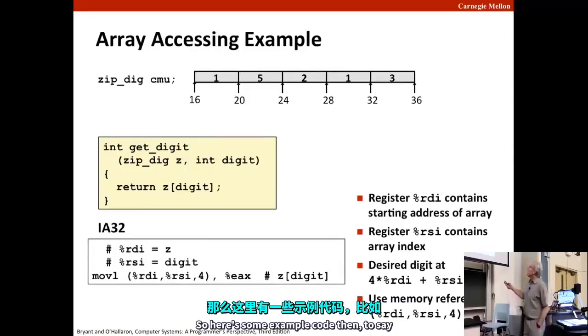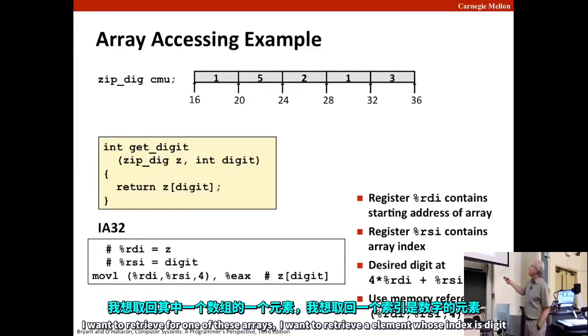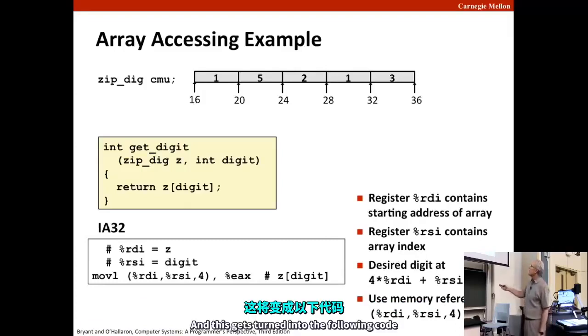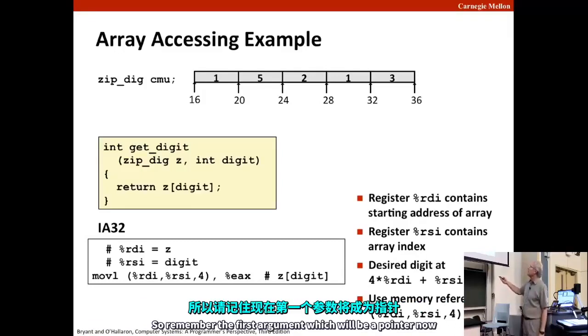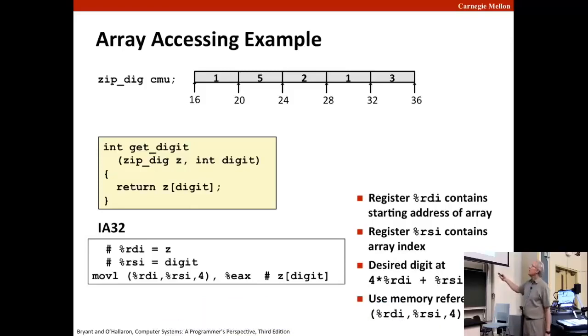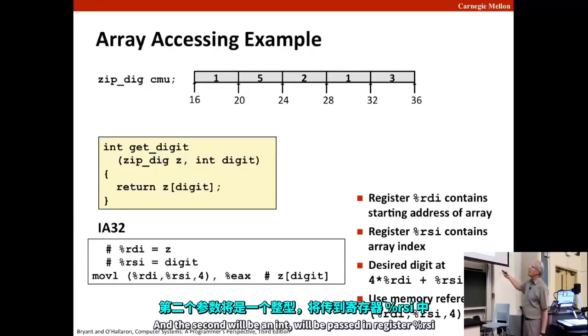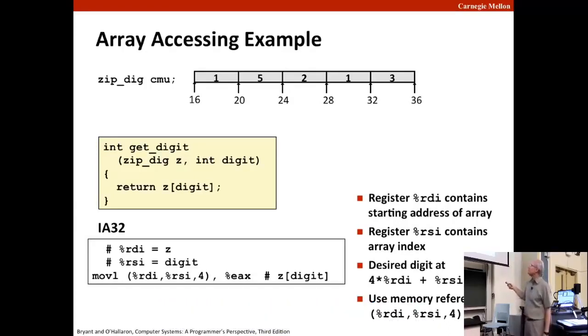So here's some example code to retrieve, for one of these arrays, the element whose index is digit. And this gets turned into the following code. Remember the first argument, which will be a pointer now, will be passed in register RDI. And the second will be an int, passed in register RSI.